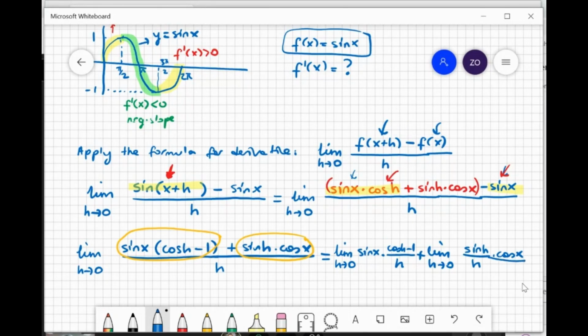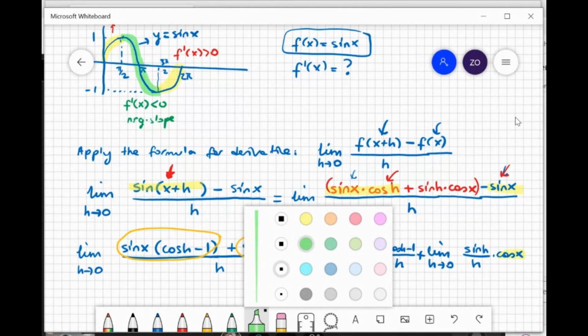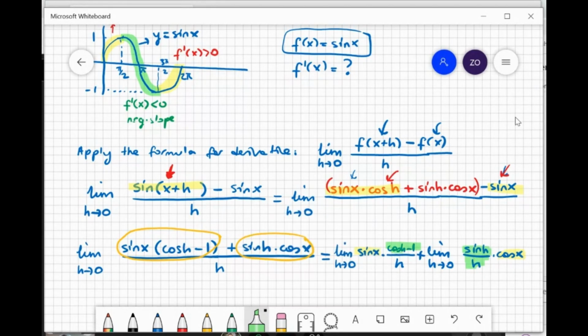So normally it was like this. We had these in the numerator, both terms, so we just split the numerator into two. We can write the terms with x separately, and the terms with h separately.